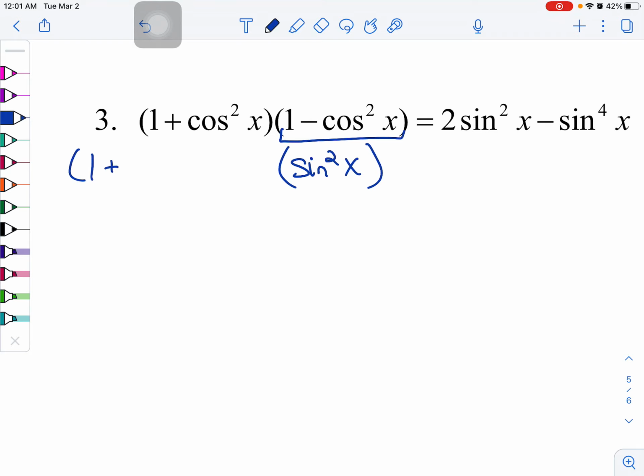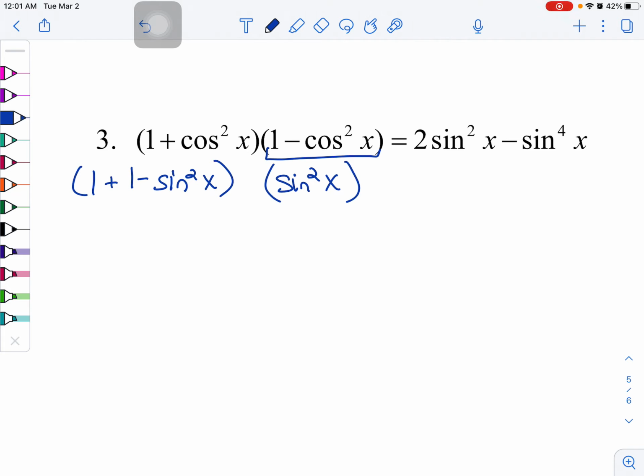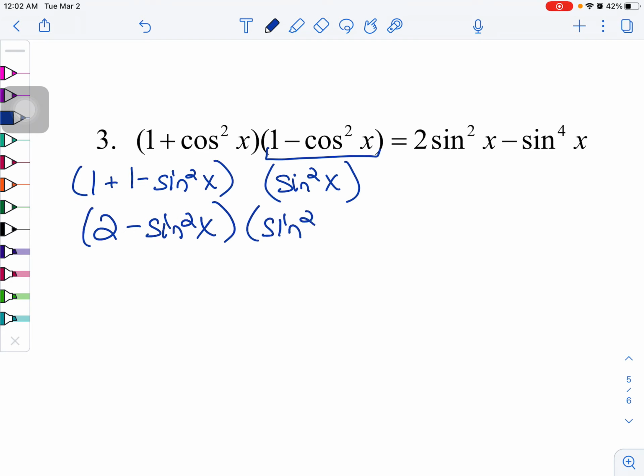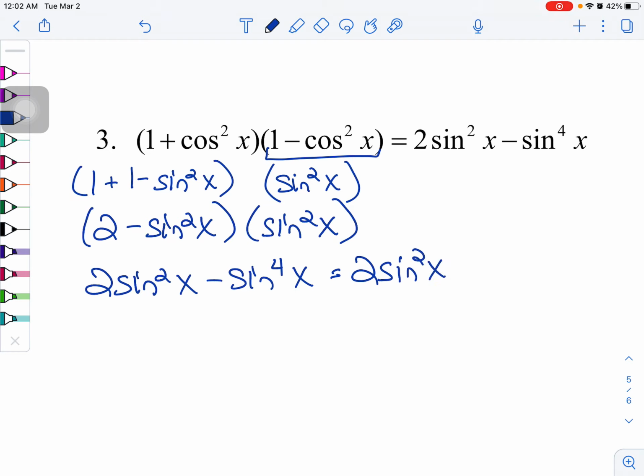If I replace cosine squared here, this is going to be 1 plus, now cosine squared of x can be replaced with 1 minus sine squared x. So this is looking promising because this is going to be 1 plus 1, which is the 2 that I'm looking for. So this is going to be 2 minus sine squared x times sine squared x. Let me go ahead and distribute.